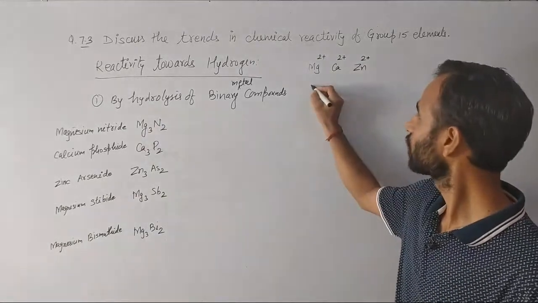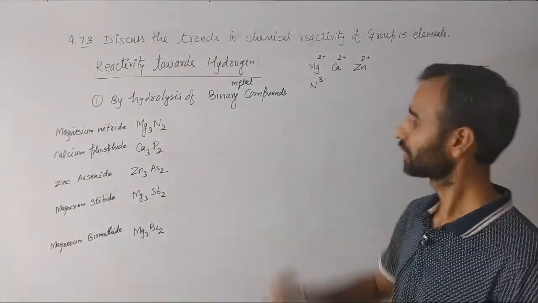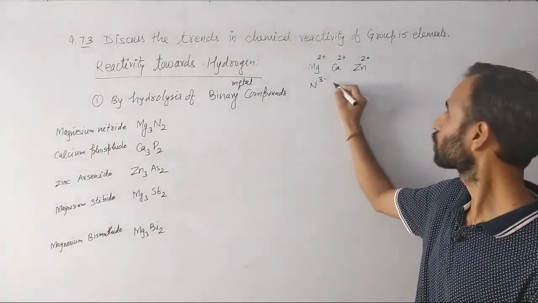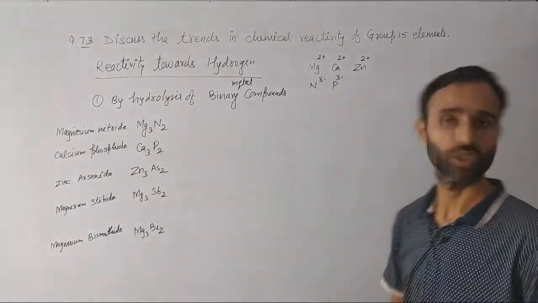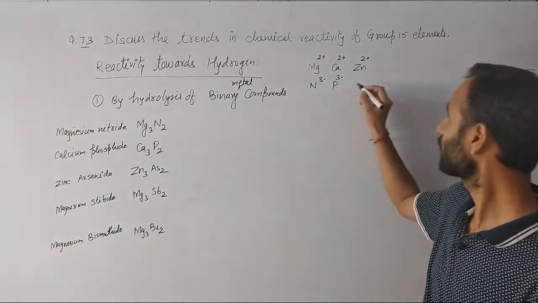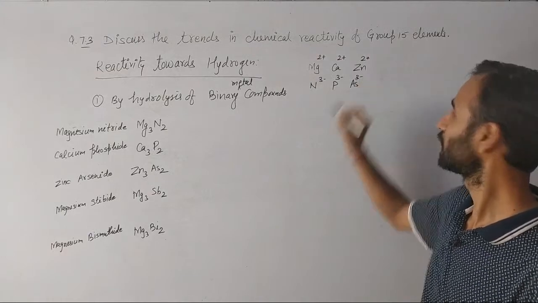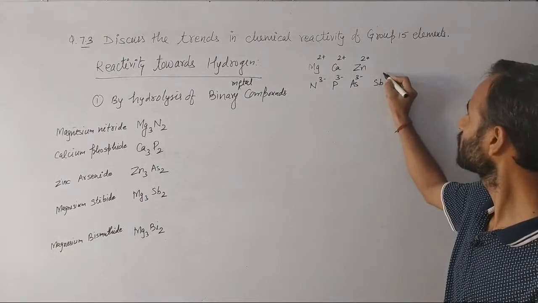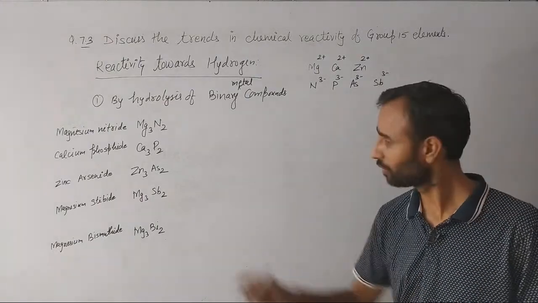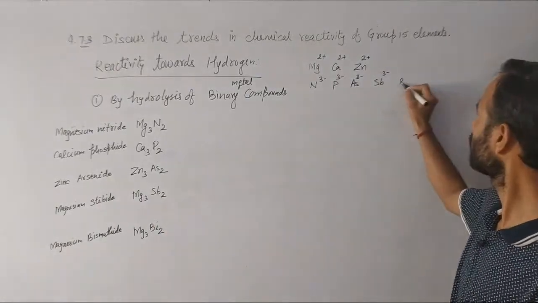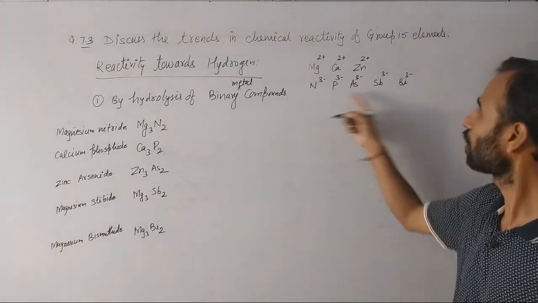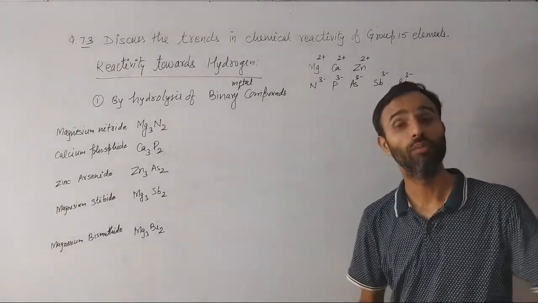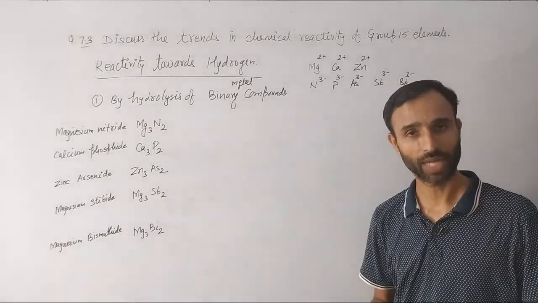Now nitrogen is N3 negative, phosphorus is P3 negative, arsenic is As3 negative, antimony is again 3 negative, bismuth is again 3 negative, because all of them are attached to more metallic elements.